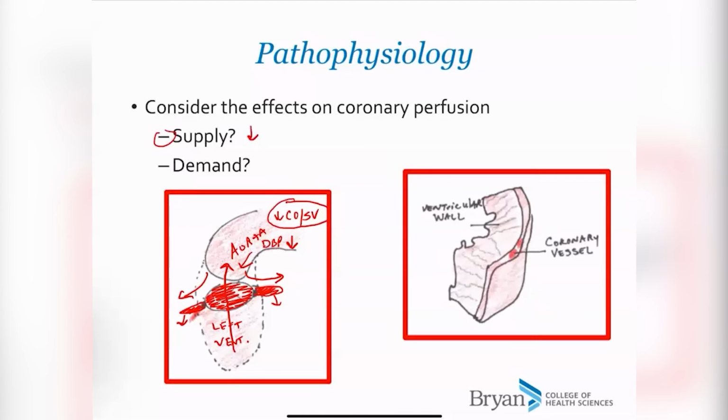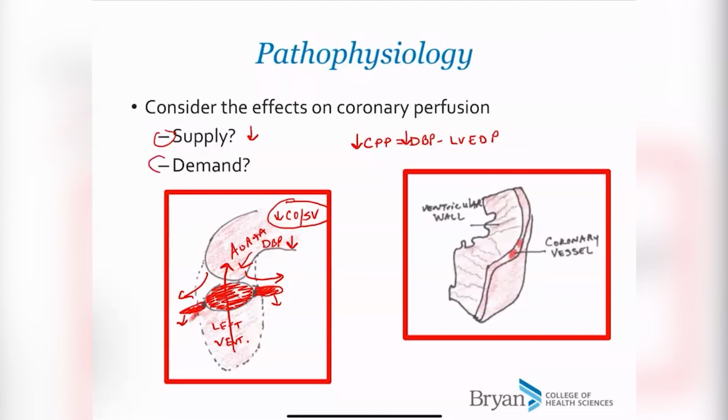And if we look at the formula for coronary perfusion pressure, or the amount of coronary perfusion that our coronaries get, it is diastolic blood pressure minus left ventricular end diastolic pressure. So when you start with a decreased amount of diastolic pressure, you're going to end up with decreases in coronary perfusion pressure. So from the start, our supply of coronary flow is reduced.